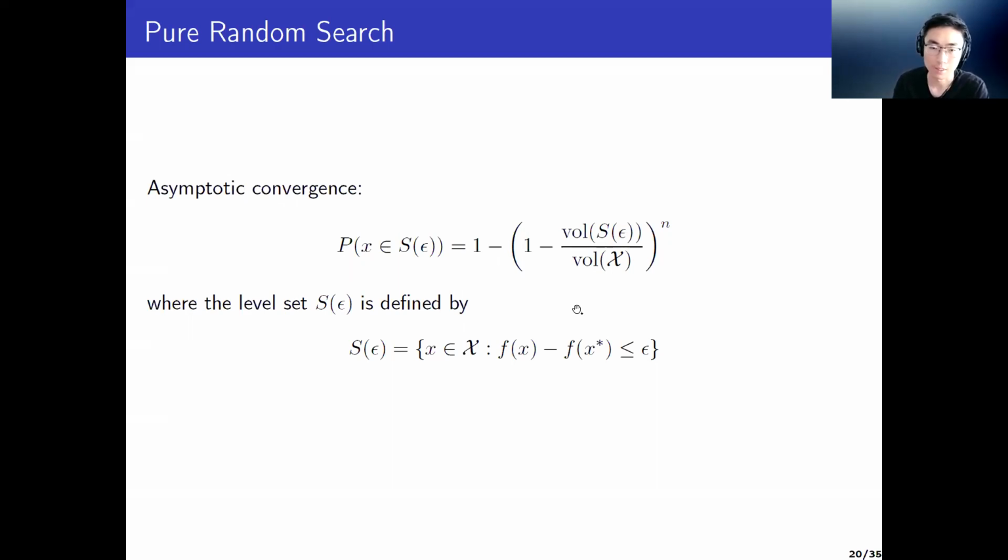And thirdly, if the feasible region is not convex, it is sometimes hard to uniformly sample from the feasible set efficiently. In practice, pure random search serves as a natural baseline strategy for minimizing an unknown black box function over bounded convex feasible regions.